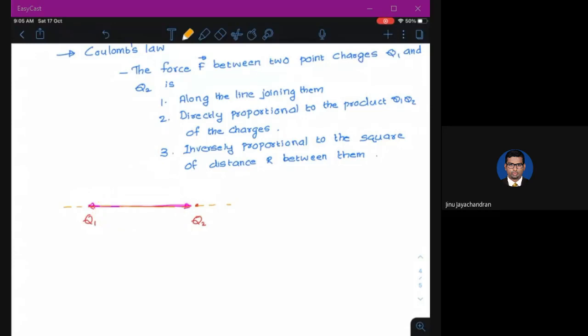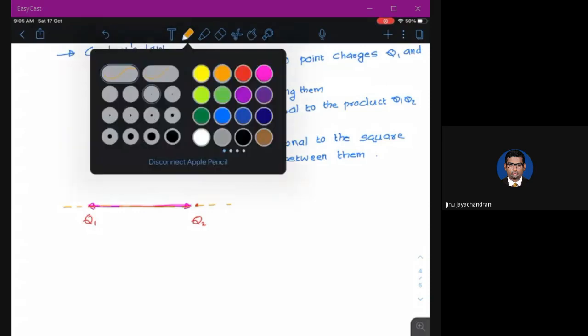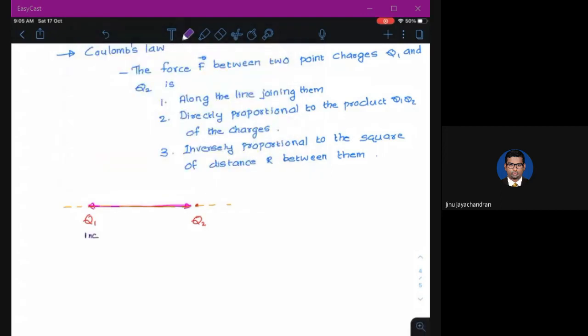The next thing is, the magnitude of that force is proportional to the product of the charges. Okay, so if I have a charge of, let's say, 1 nanocoulomb here and 2 nanocoulomb here, the force of Q1 on Q2 is proportional to the product of this, which is 2 × 10⁻18.